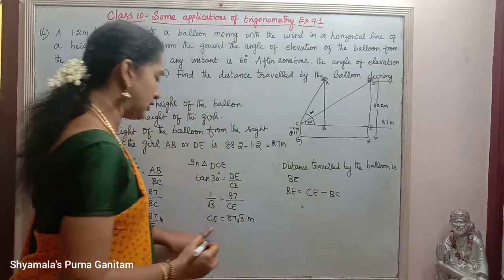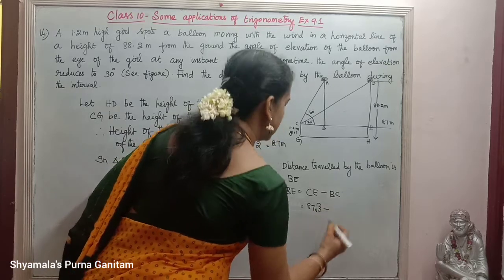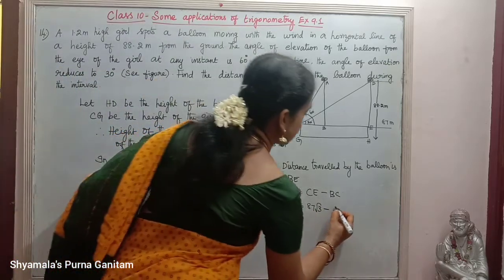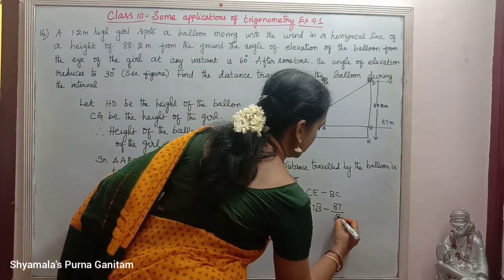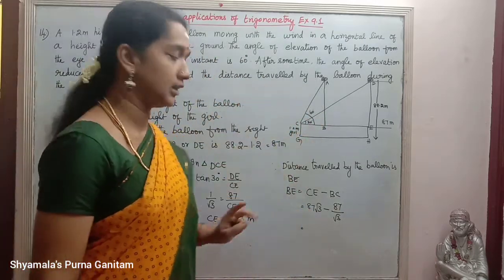We got the value for CE as 87 root 3, minus the BC value, 87 by root 3. If we simplify this, we get the distance travelled by the balloon.